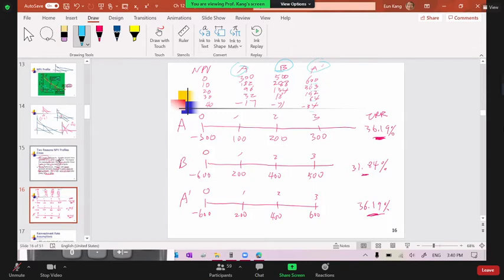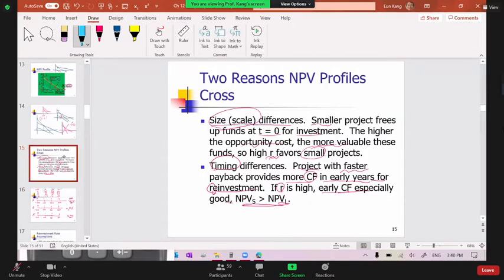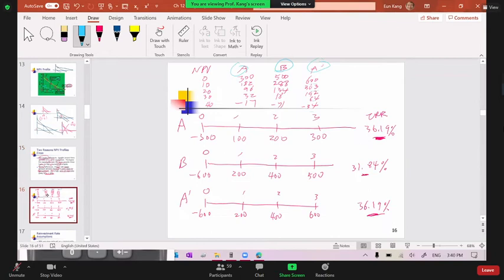This is what this means, right? Size difference. Big project, but lower return. But when the discount rate is small, big cash flow dominates, right? 500, 300, still at only 10%.